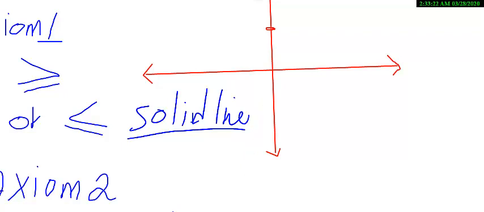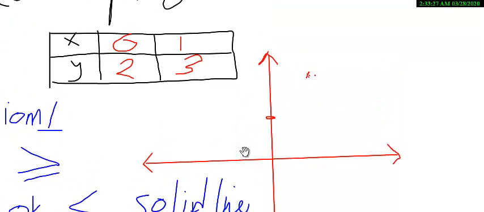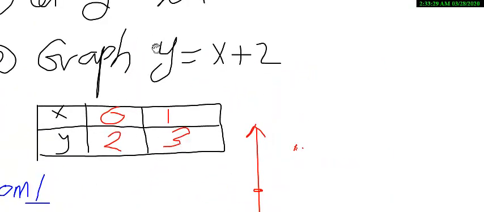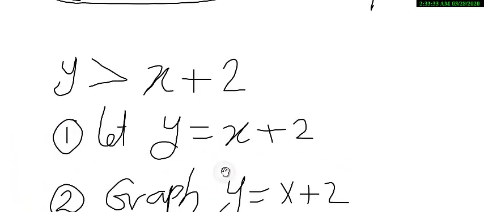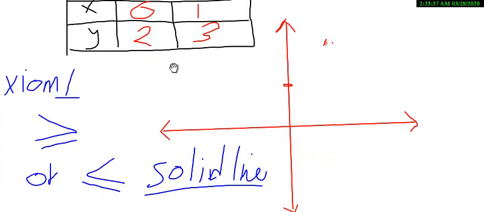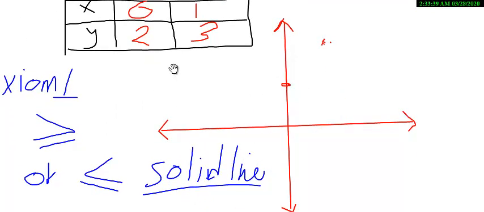So we have to focus on this one. In our example, the inequality is y greater than x plus 2, that means there is no equal sign, so the line will be a dashed line or scattered line.